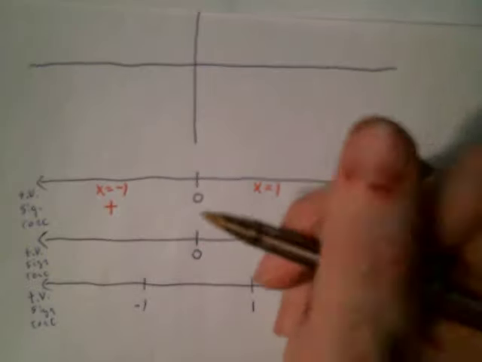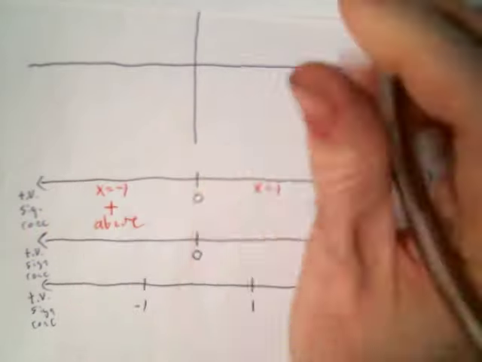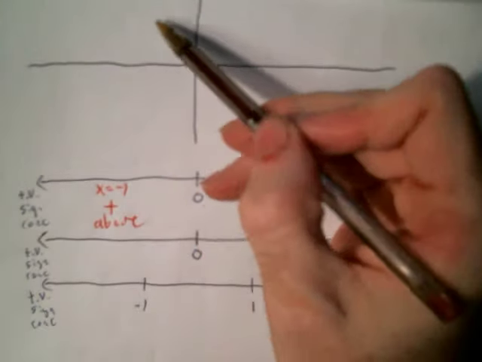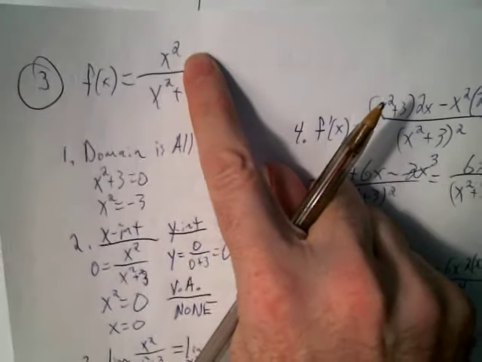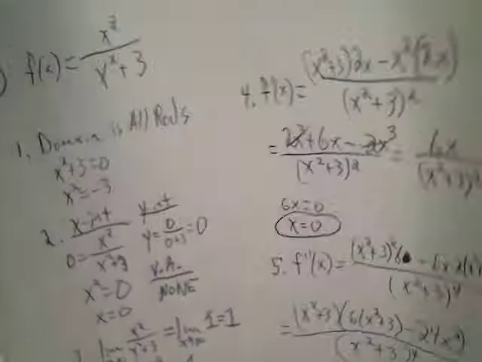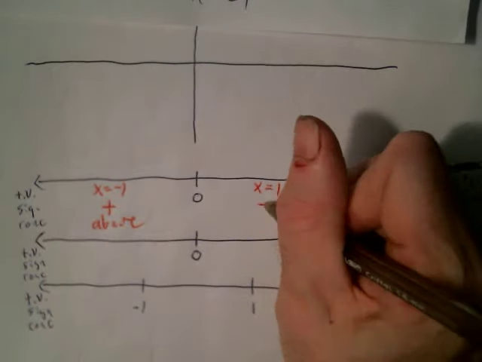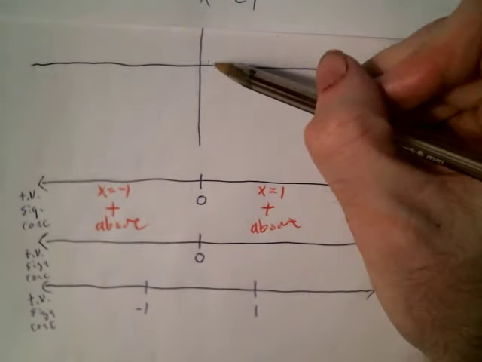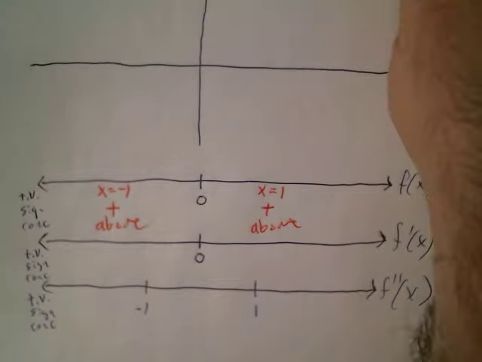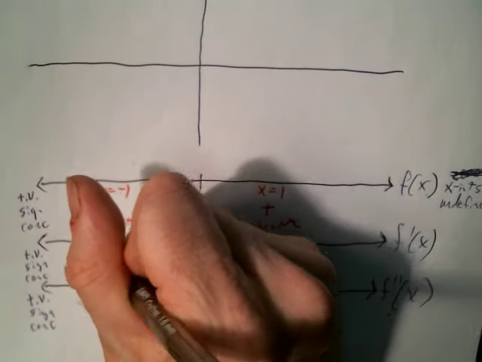My conclusion then is it's above the x-axis. So it's fooling around up here somewhere. I don't know what it's doing. And this interval then, if I also put in 1, 1 squared is 1, 1 squared plus 3 is positive, positive over positive is positive. So again, it's above. And it must just be coming down and then touching the x-axis and then going back up. Okay. Let's make sure about all this.